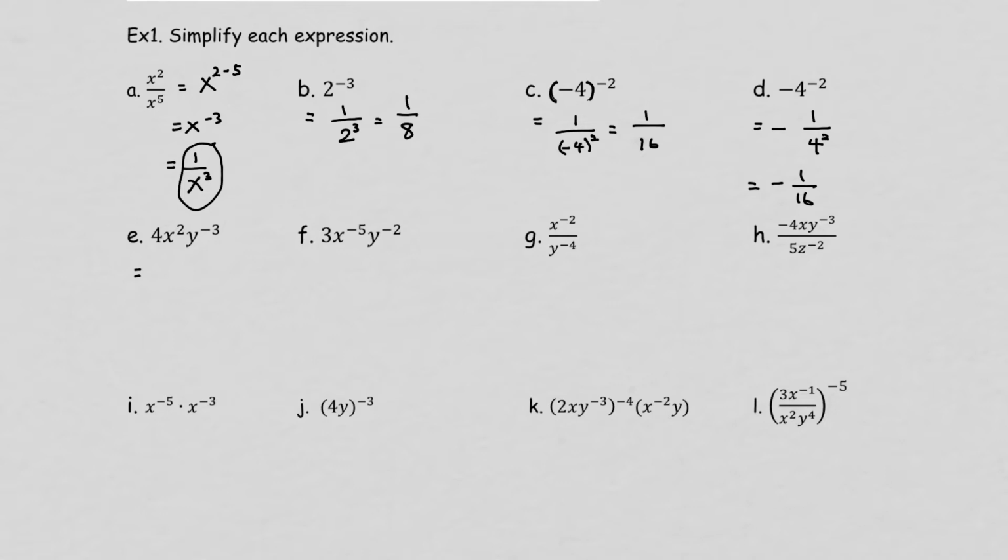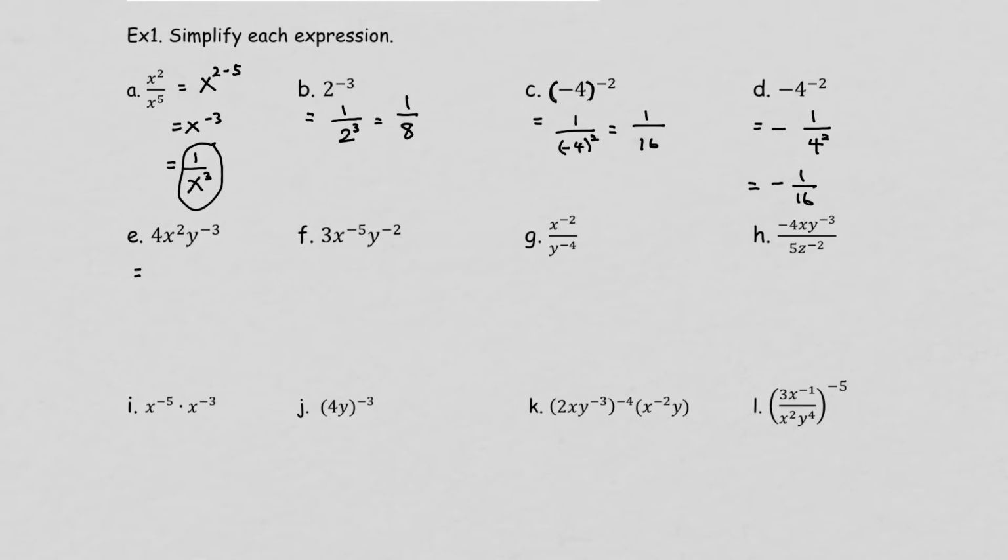If you have more than one term and you're trying to simplify it, something like example E, what they're asking you to do is get rid of the negative exponents. When they say simplify, you should not have any negative exponents.